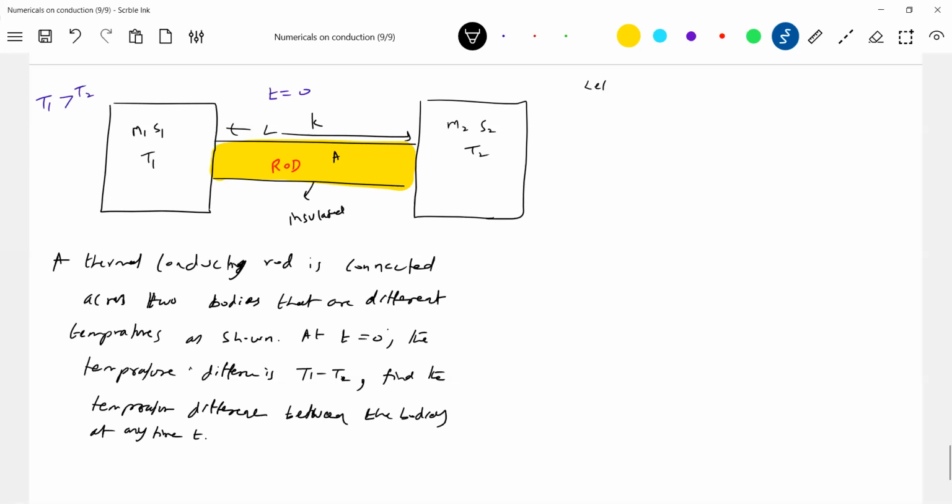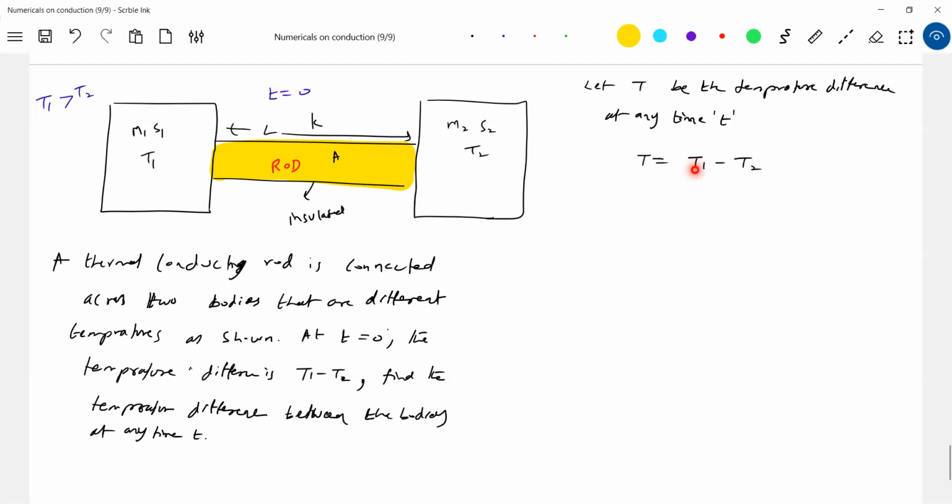I'll proceed like this. Let ΔT be the temperature difference at any time t. Then what is ΔT? We can write it as T1 minus T2.